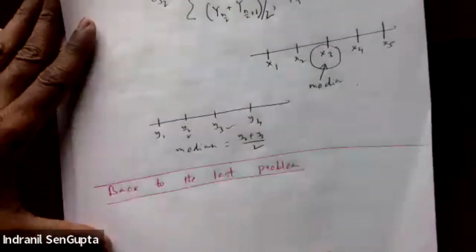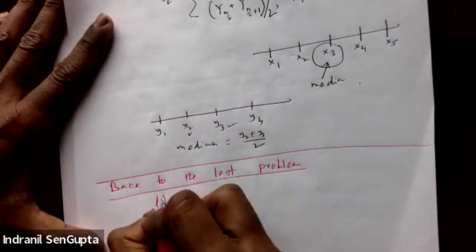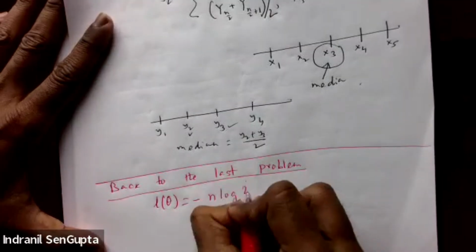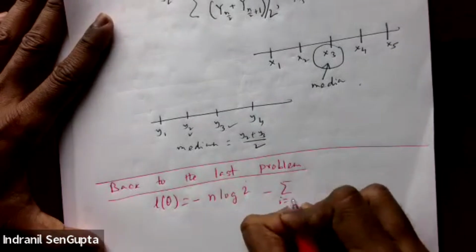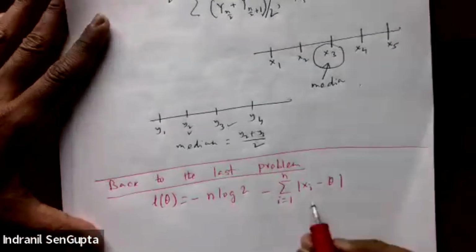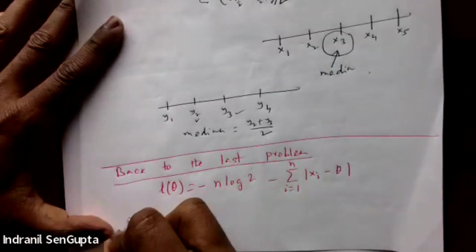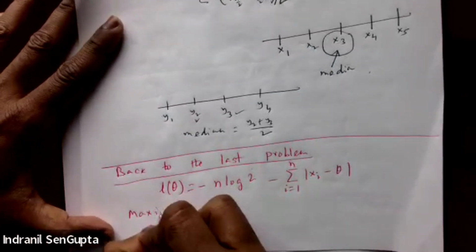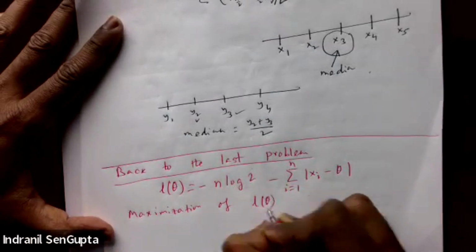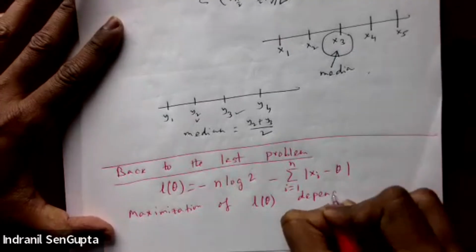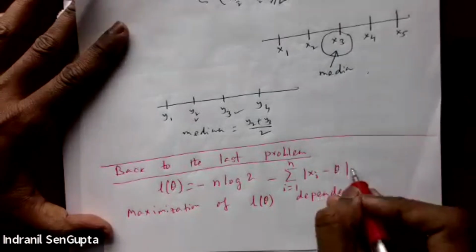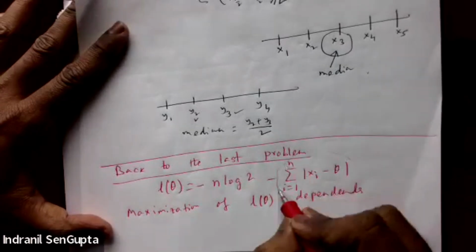So what we really have is this log likelihood function, which is something like n log 2 minus the sum over i from 1 to n of |xi minus theta|. And we are trying to maximize this. So the maximization of L(theta) depends on this: because the first term is a constant, this is maximized provided the sum is minimized.